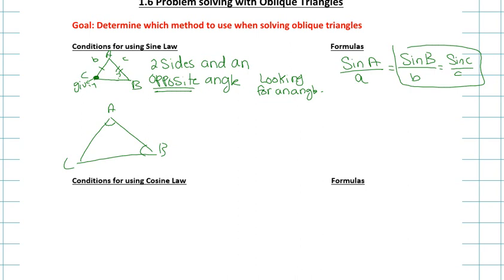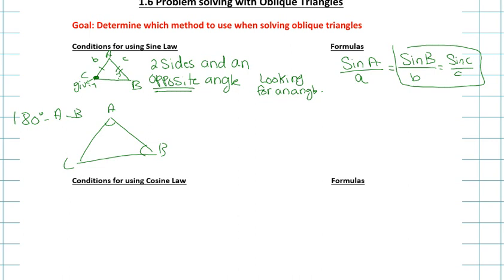That's right, I can do 180 minus these two. So remember this is always an option to solve for C. You don't always have to use it, but if they gave you side C, then you have to solve for angle C first.